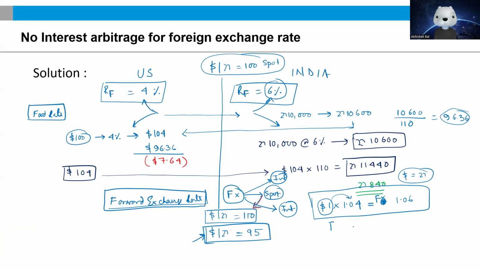So the FX is going to be equal to 1.06 divided by 1.04. And this is from the rupees perspective, you must understand, okay?